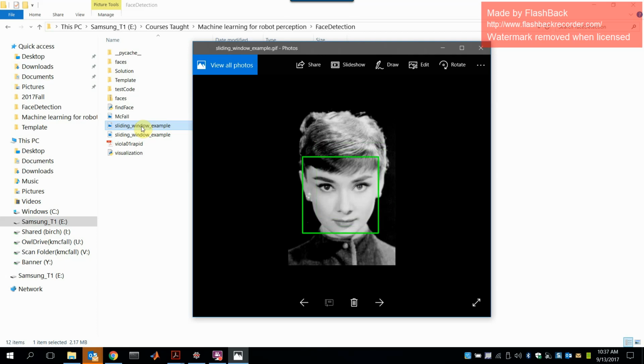Of course, the smaller the window, the more you have to slide it across, and the more you have to check, the more time it takes. That's a lot of what the authors of this paper were talking about: they're trying to reduce the amount of time it takes to run the classifier.